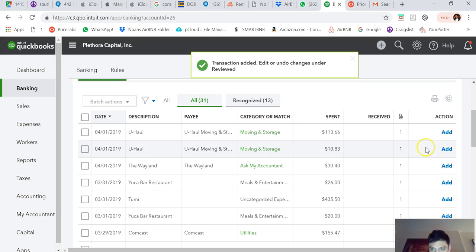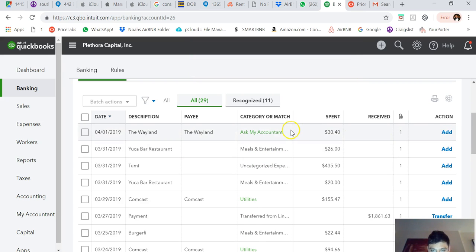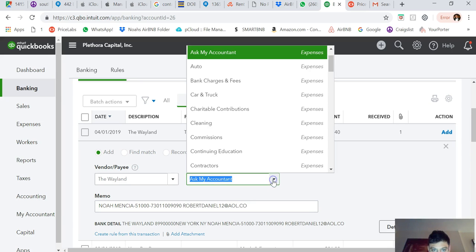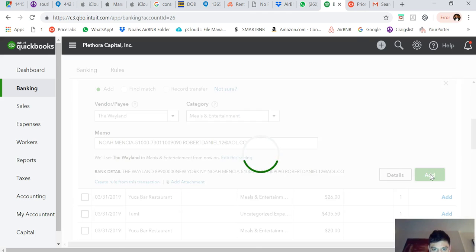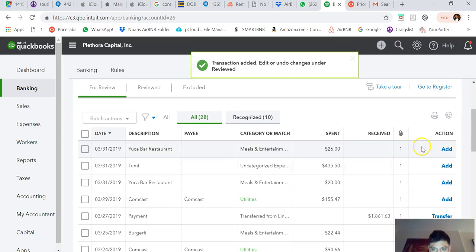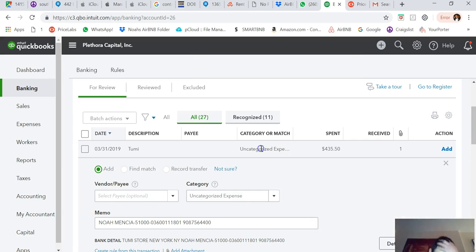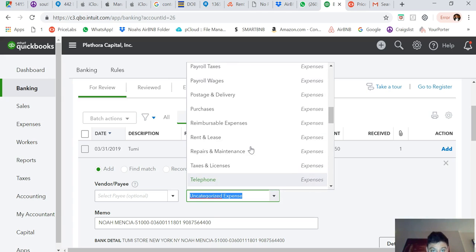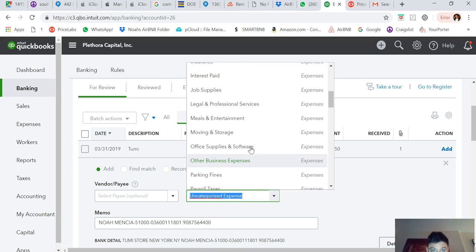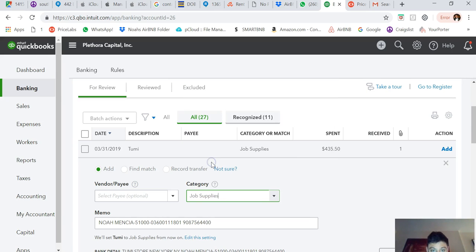So basically, you're just going through each one of these accounts. You're just looking at it, and Wayland is meals and entertainment, and categorizing the expense. Bar, entertainment. To me, it's going to be house supplies.